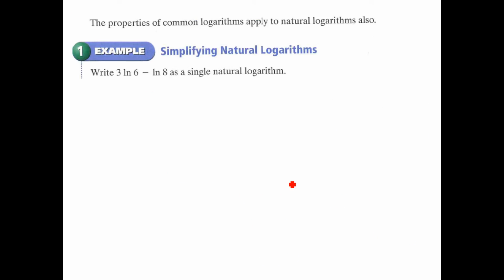Let's try a few problems here. Now, knowing that, everything else is the same. The properties of common logarithms are the same as for natural logarithms. So, if we have a problem, 3 natural log of 6 minus natural log of 8, what could we do? Take that 3, move it to the top. Power property, natural log of 6 cubed minus natural log of 8. All right, 6 cubed happens to be 216. Let's clean that up first.